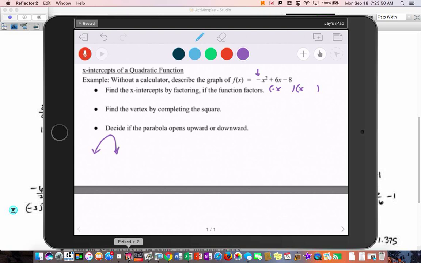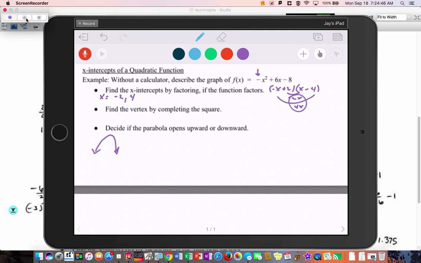So we could do, I think if we do something like 2 and 4, if I make this one positive and this one negative, negative x times x is negative x squared, 2 times negative 4 is the negative 8, but here I get 2x, yep, here I get 4x, that adds up to 6x. So this would be the correct factoring, which means my x-intercepts would be negative 2 if you solve that first one, and 4.